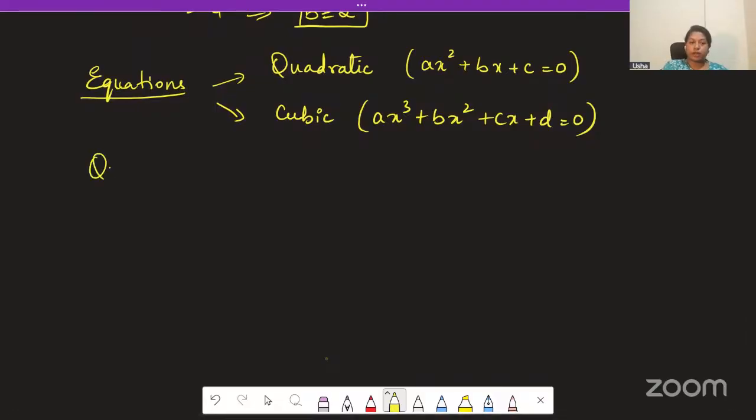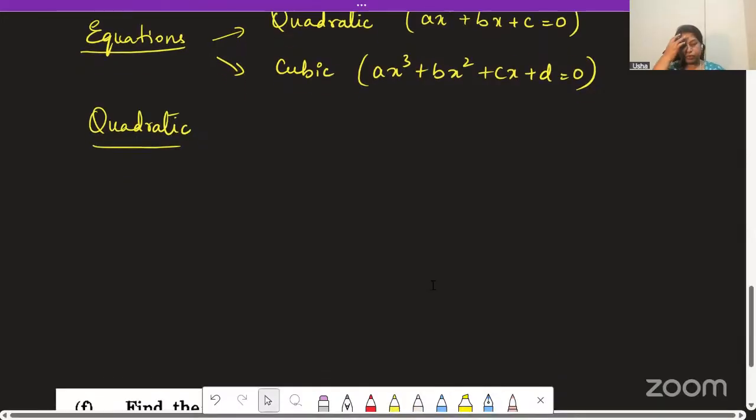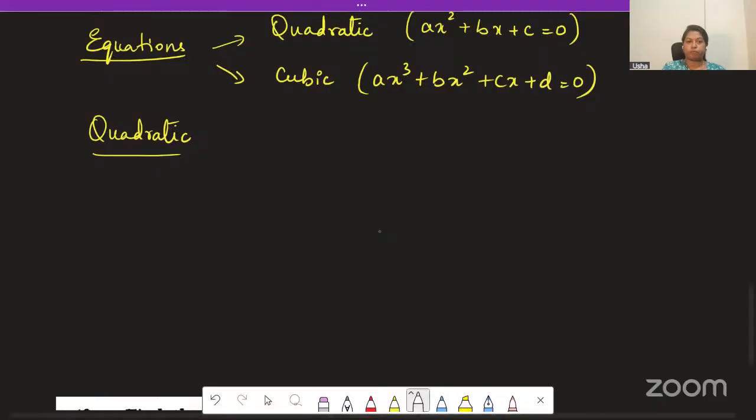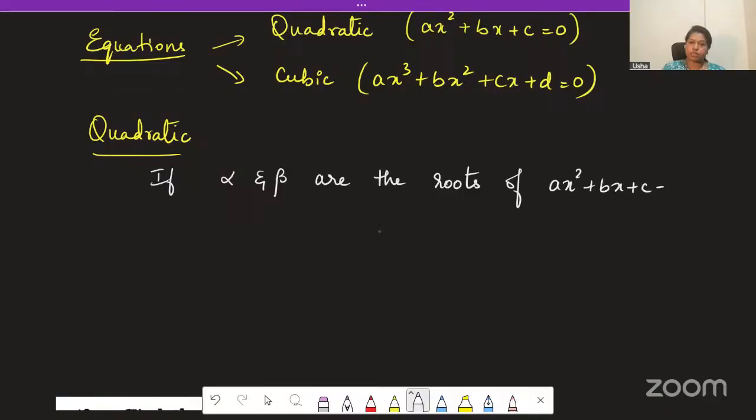Now, under quadratic equations, you will get questions where roots are given and you have to frame the equation. Please make a note of this.